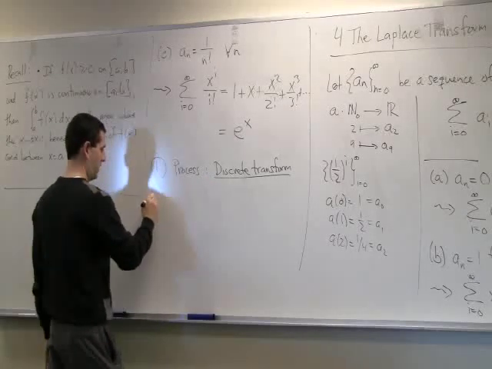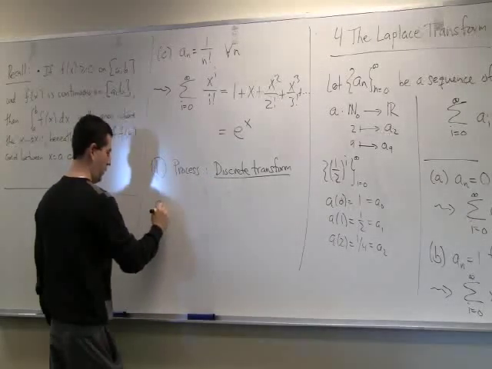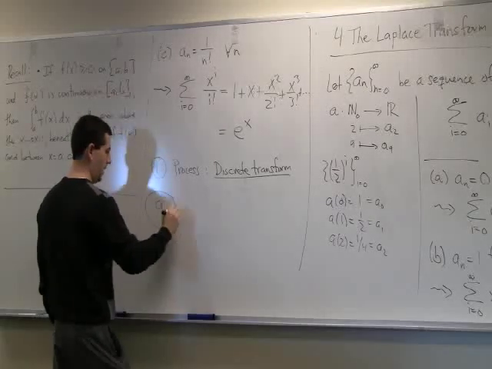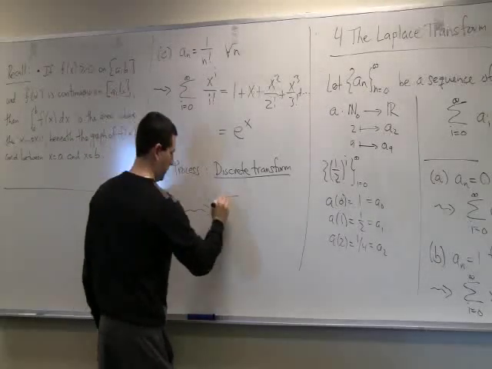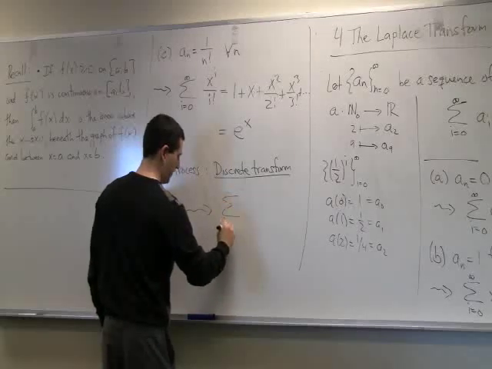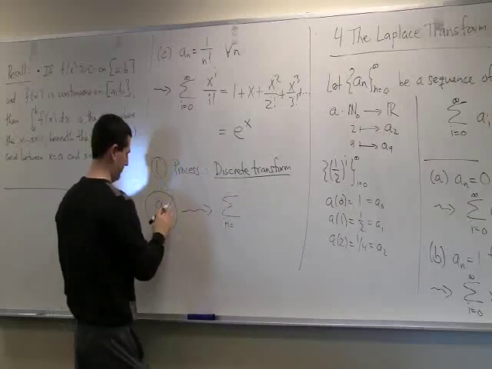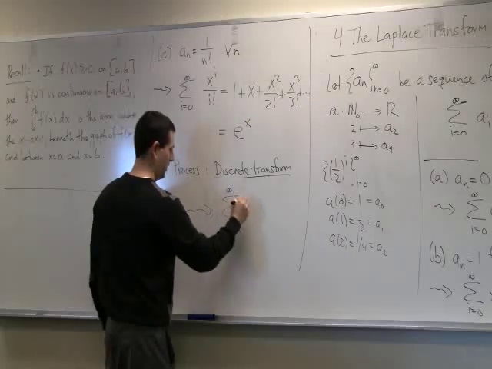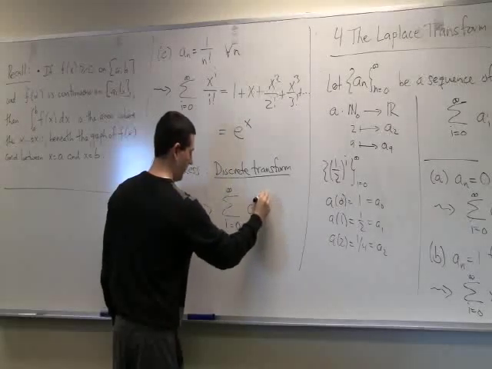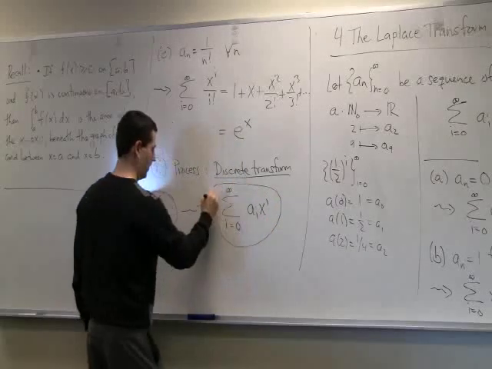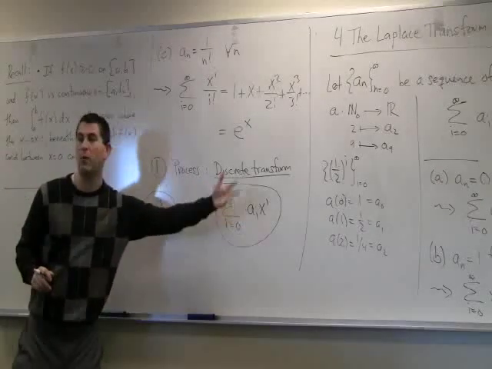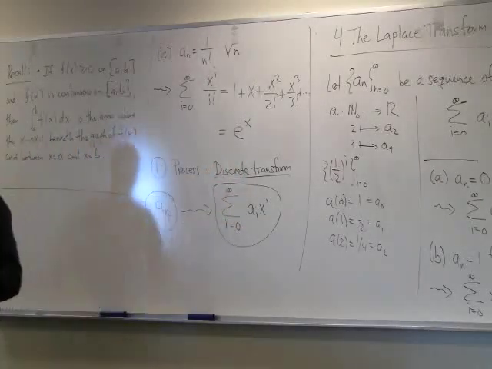So the discrete transform takes a sequence, a sub n, and converts it into a power series. It's bad that I'm switching between i's and n's everywhere. So you're transforming a sequence into a power series. That's why I call it a transform.